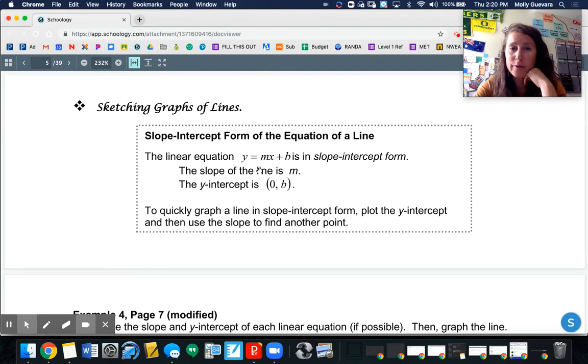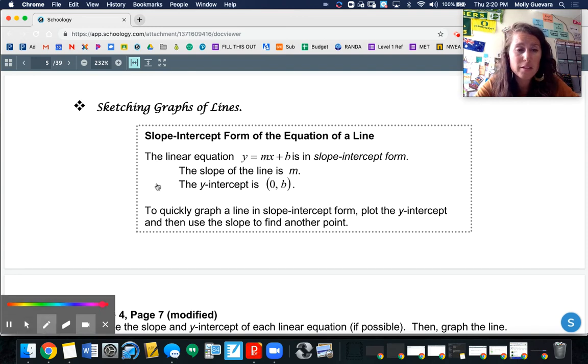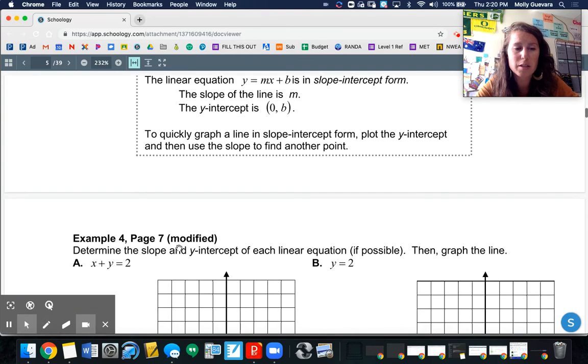So the quickest way to graph, if it's in this form, is to start with b, put a point on the y-axis at point b, and then just plot your rise over run with your slope. The easiest way to remember this name is because it says slope intercept. So you need to know the slope and you need to know the y-intercept.